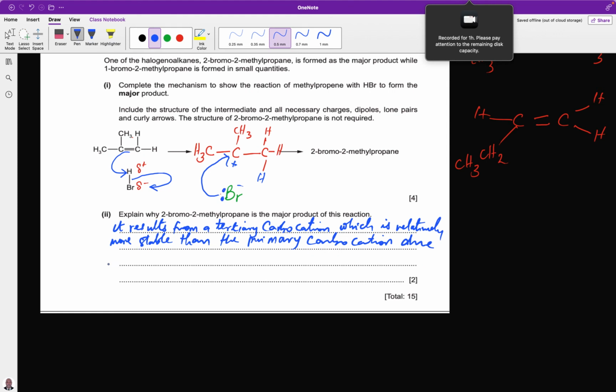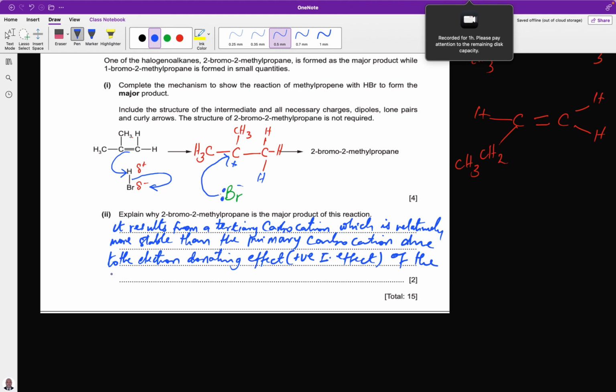Due to the electron donating effect, or we can say the positive inductive effect. Positive inductive effect of the what?